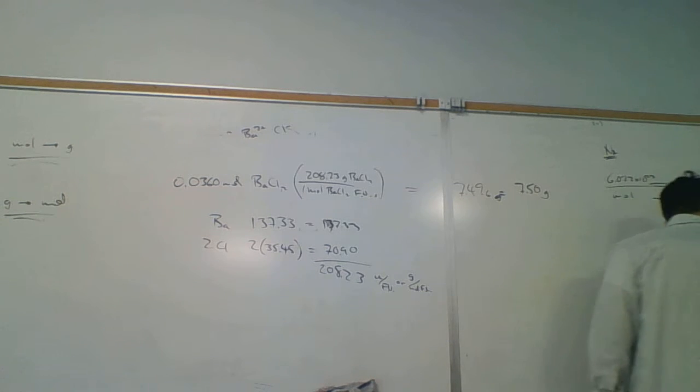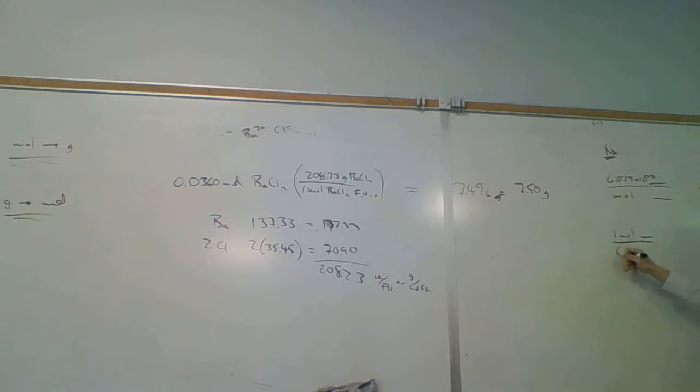What this allows us to do is convert from moles to number of units. Or if we flip this, like say 1 mole of this contains 6.022 times 10 to the 23rd, then this will allow us to go from number of units to moles.